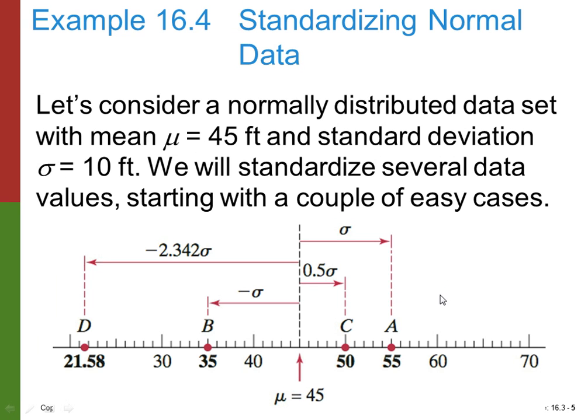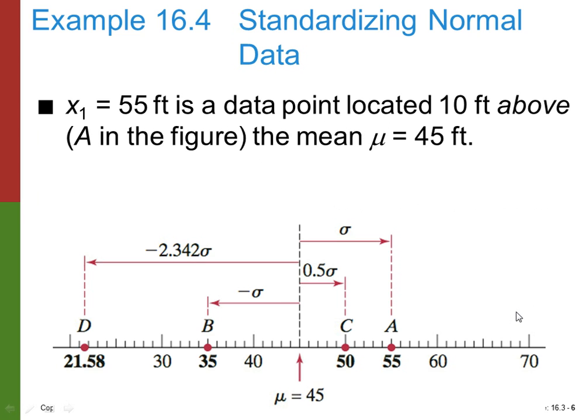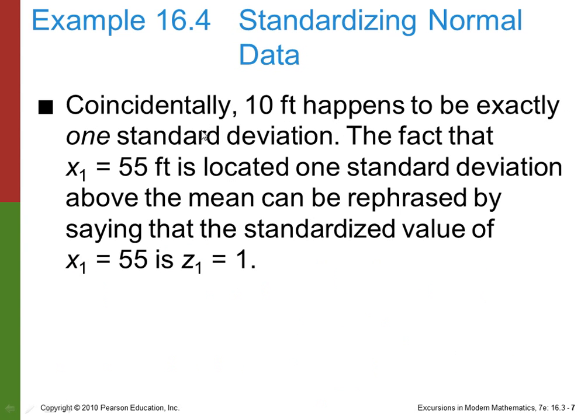All right, so here we are. Consider this data. We have points A, B, and C, and there's mu, and we're a half a standard deviation and a whole standard deviation, and minus 2.34 standard deviations that way. So that's the data set we're dealing with. 10 feet happens to be exactly one standard deviation.